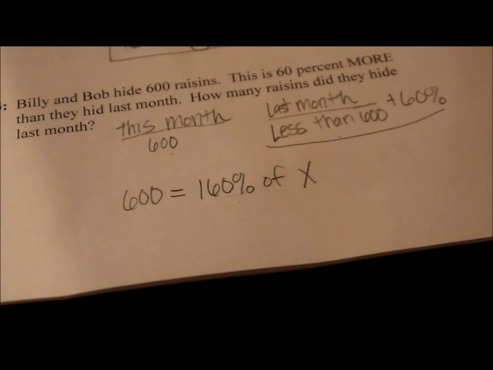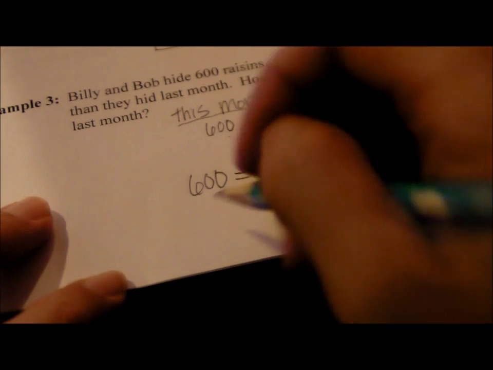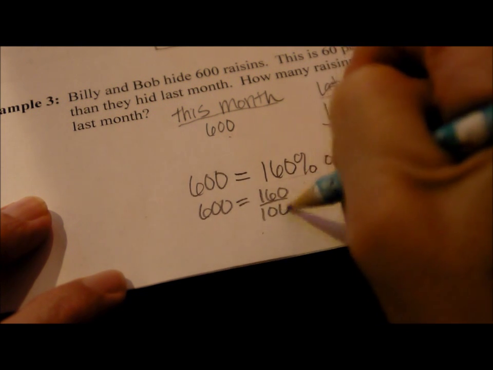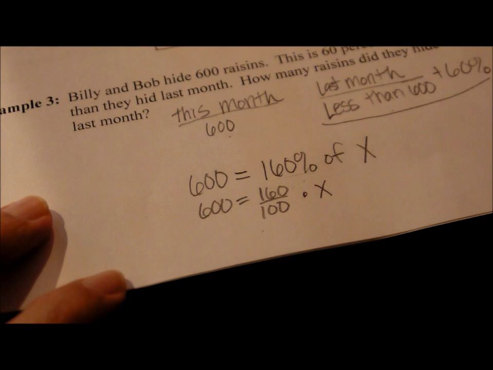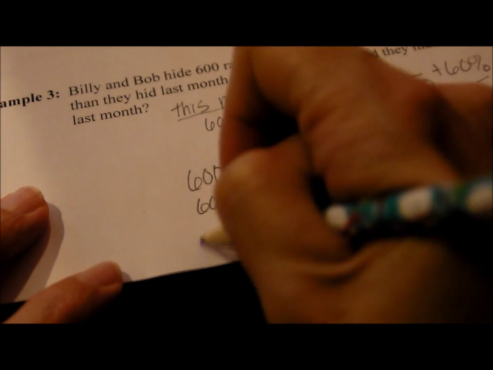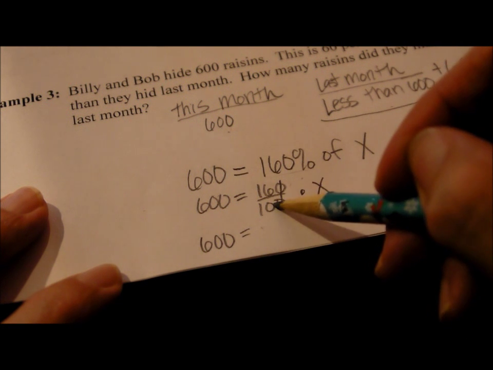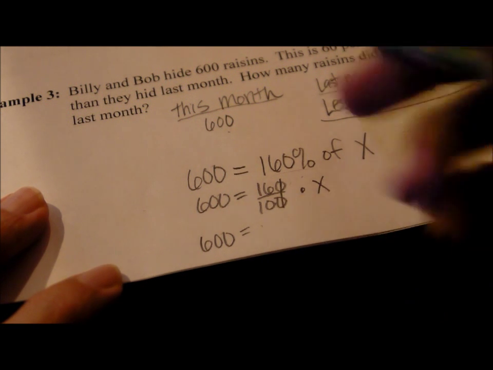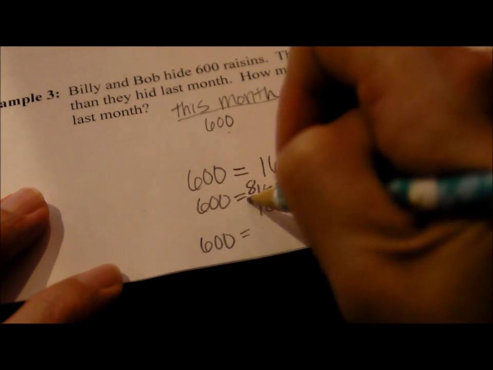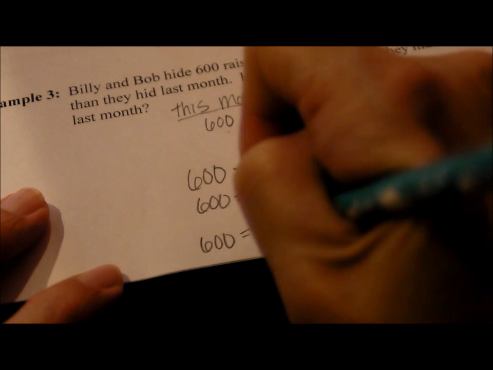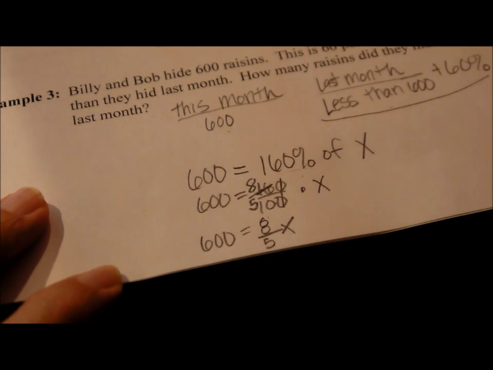Okay, so now how do we solve this? Well, we could do fractions again. 600 equals 160 over 100 times x. I see that I can cross out two zeros right away. So we have 600 equals 16 over 10, which is the same as 8 fifths, times x. So 600 equals 8 fifths times x.